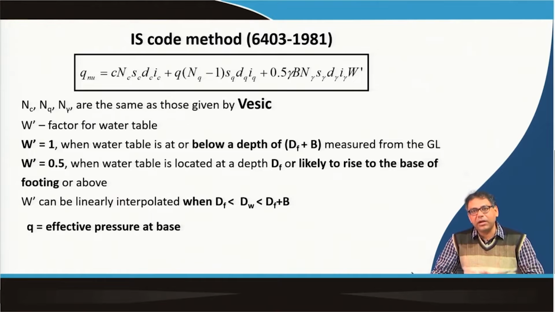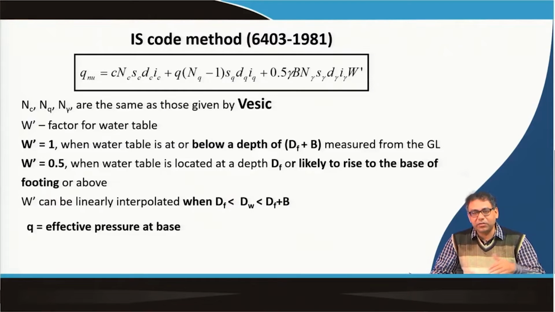The same way the water table effect can be incorporated into other bearing capacity theories also. Okay. So, that means in Meyerhof, Hansen or Vesic we can incorporate the water table effect in a similar way, but the IS code has given the water table effect directly in its equation.